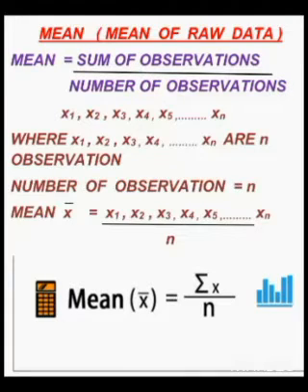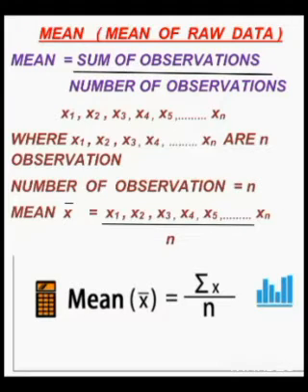Mean is equal to the sum of the observations by the number of observations. Suppose n observations are there. Let us consider them as x1, x2, x3, x4, x5 and so on up to xn. Like that, n observations are there, and let us consider the number of observations as n.